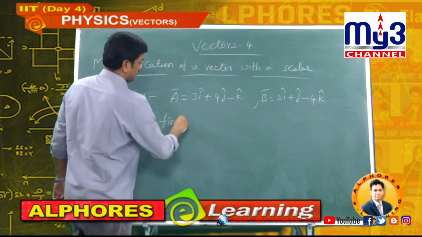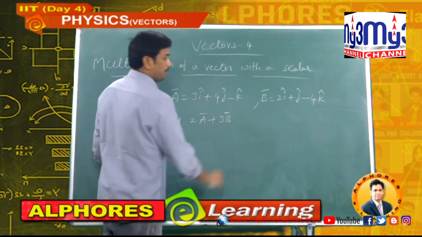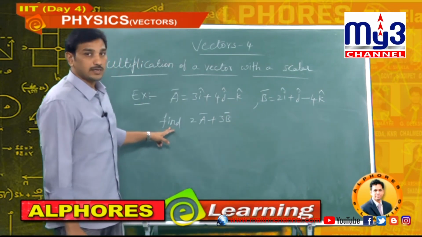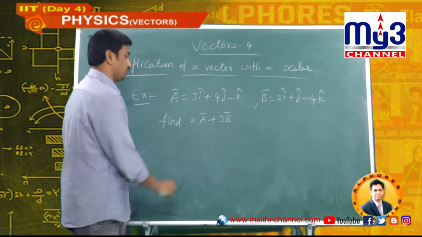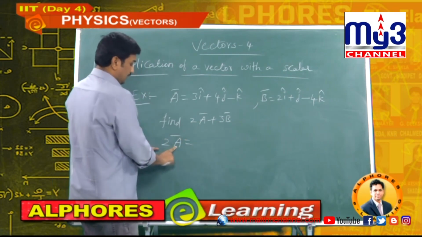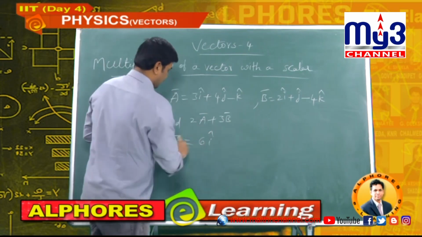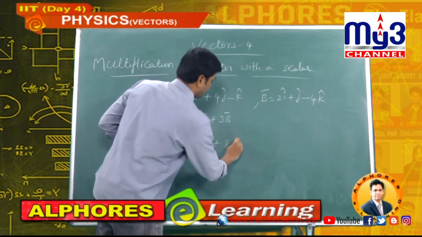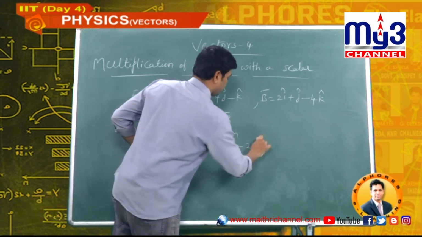Find 2a bar plus 3b bar. I am asking you to calculate 2a bar plus 3b bar. First 2a bar: a bar multiplied with 2. 2 into 3, 6. 2 into 4, 8. 2 into minus 1, minus 2.